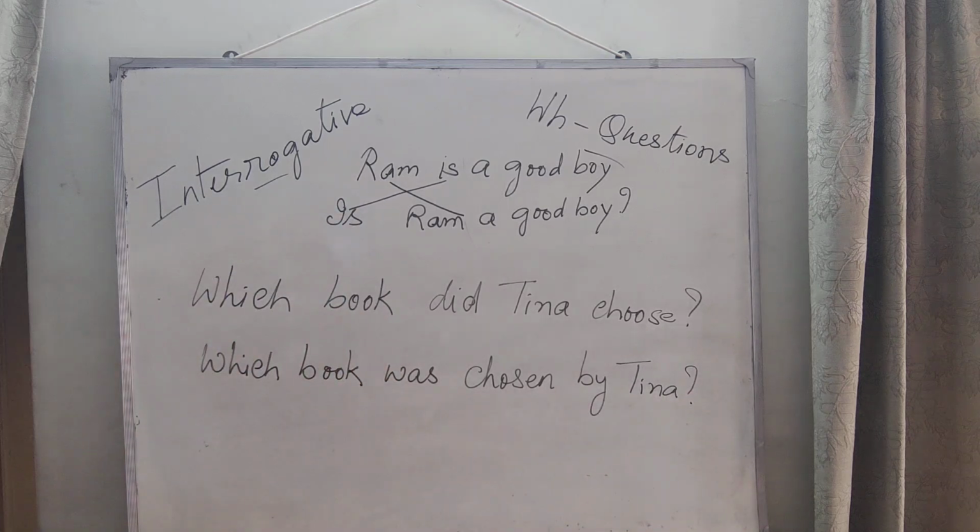Okay, which book was chosen by Tina? কোন বই টিনার দ্বারা পছন্দ করা হয়েছে? সুতরাং আমাদের সেটা মনে রাখতে হবে যে অবজেক্টটা যখন সাবজেক্ট হচ্ছে তখন সেটা কিভাবে আমরা টেন্স আর নাম্বার অনুযায়ী বসাবো। ঠিক আছে?